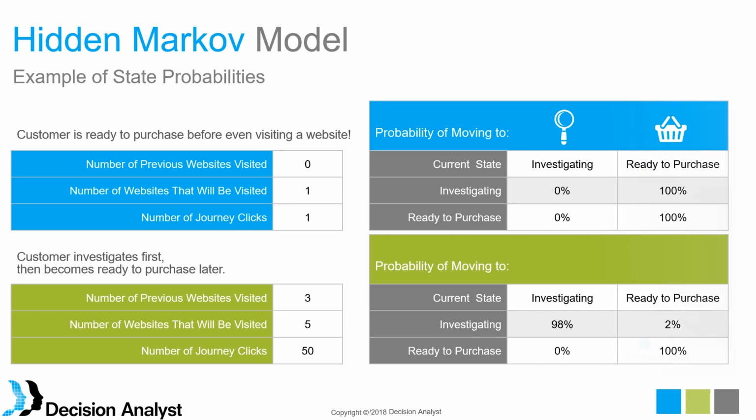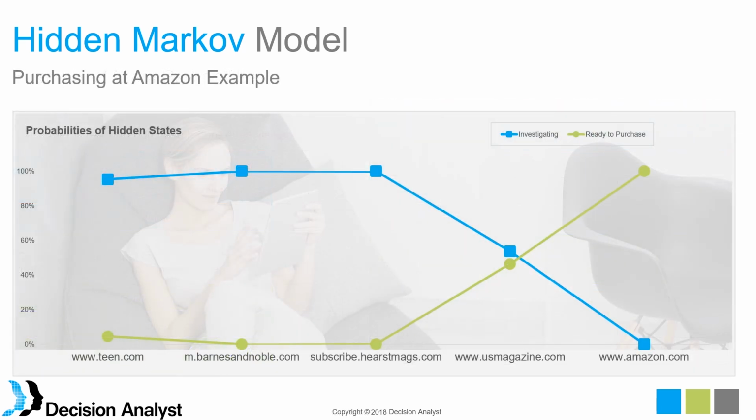And we could envision using this hidden Markov model, which was taken from some actual data, and using the probabilities of hidden states that were estimated from this model. So we take someone going from this teen.com website to the Barnes & Noble website and so forth to the third website.